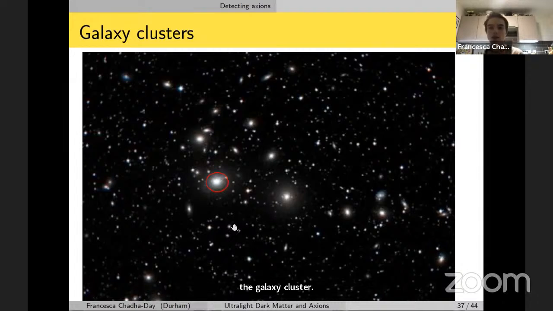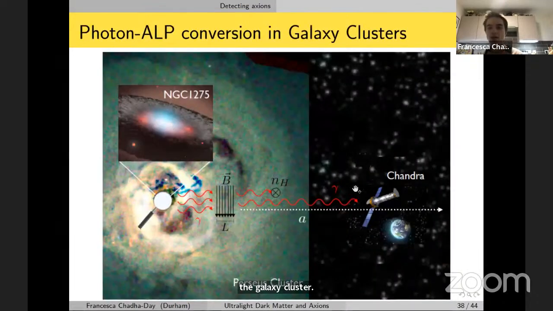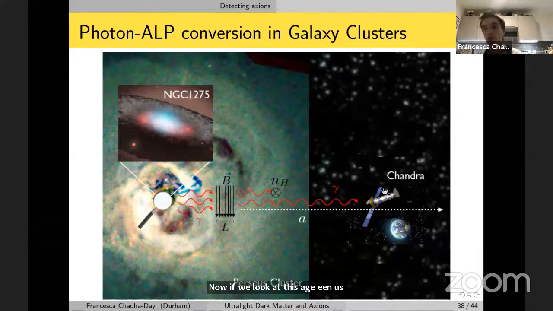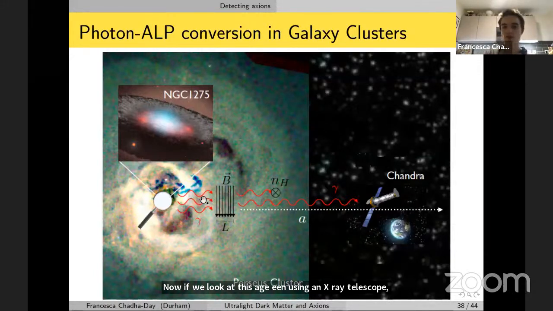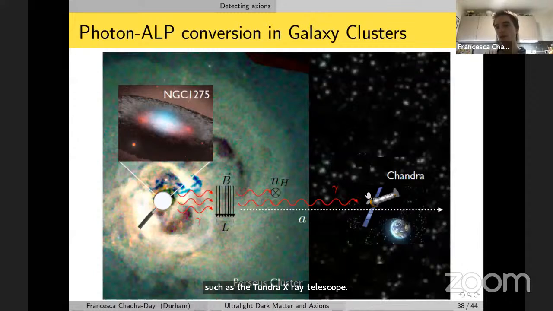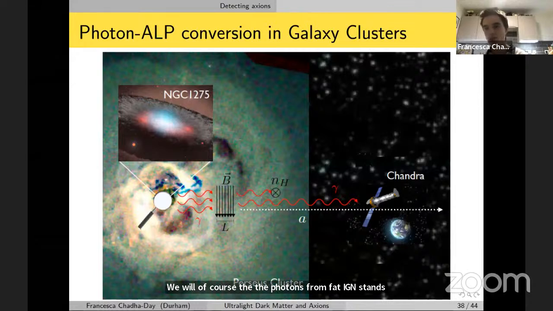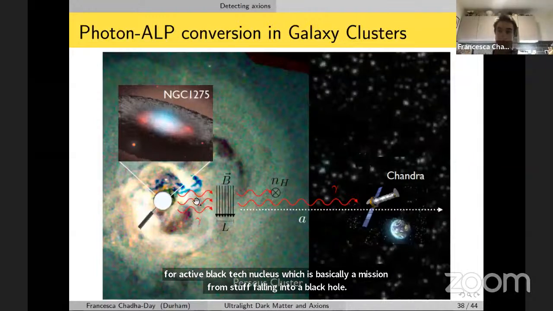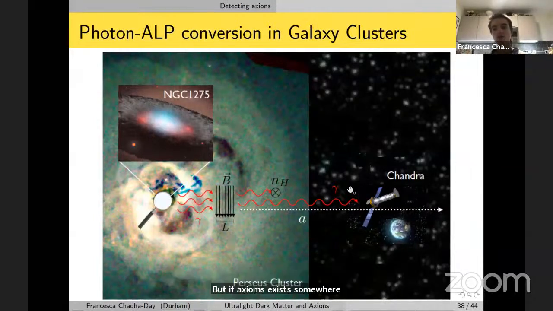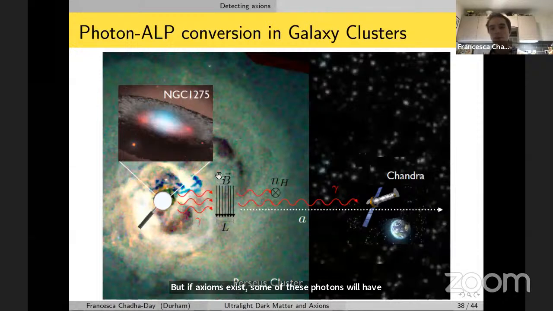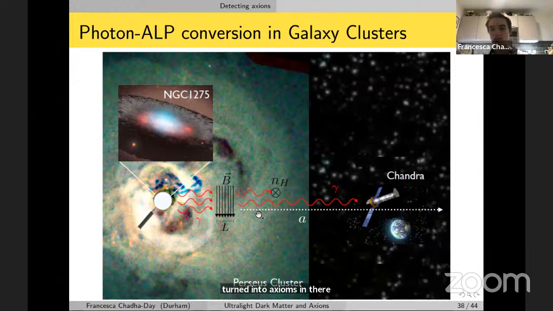Now, if we look at this AGN using an X-ray telescope, such as the Chandra X-ray telescope, we will of course see the photons from that AGN, which stands for active galactic nucleus, which is basically emission from stuff falling into a black hole. But if axions exist, some of these photons will have turned into axions in the magnetic field of the galaxy cluster.